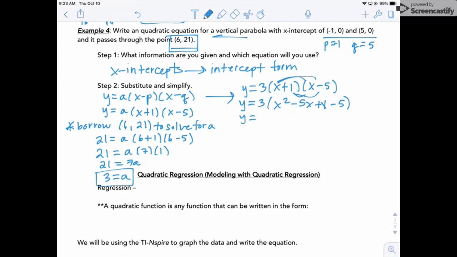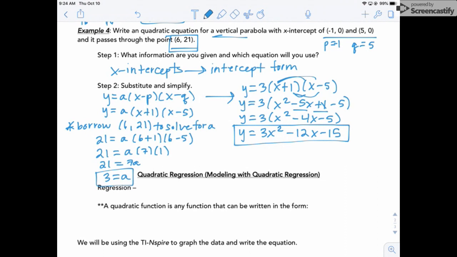Combine like terms, we have y equals 3 times (x squared minus 4x minus 5). And now we can distribute that 3. So we get y equals 3x squared minus 12x minus 15. So we have successfully converted to standard form.